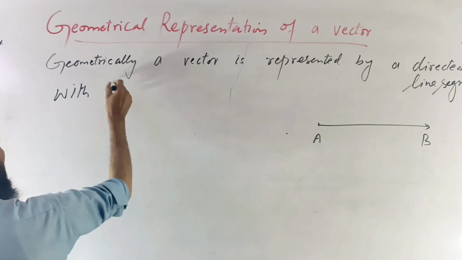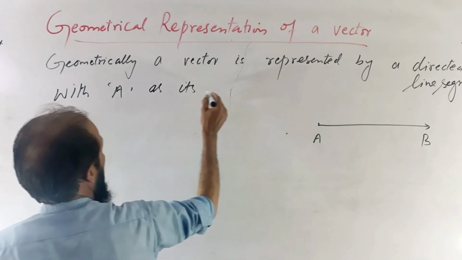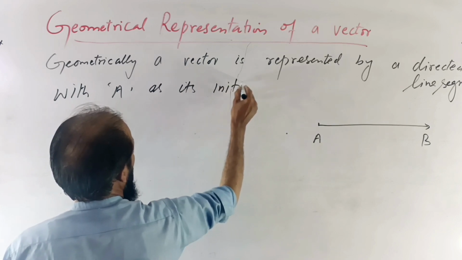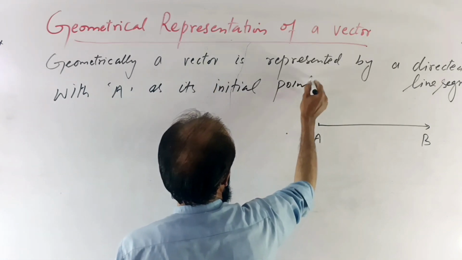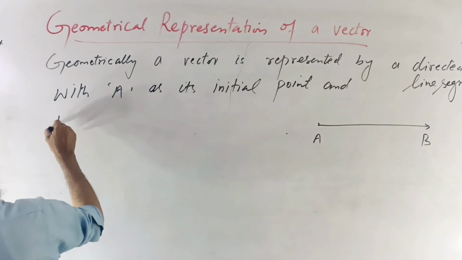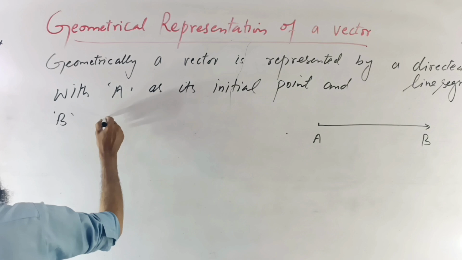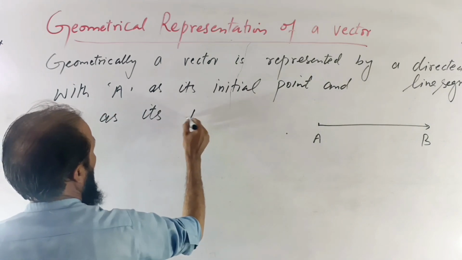where A is its initial point and B is its terminal point.